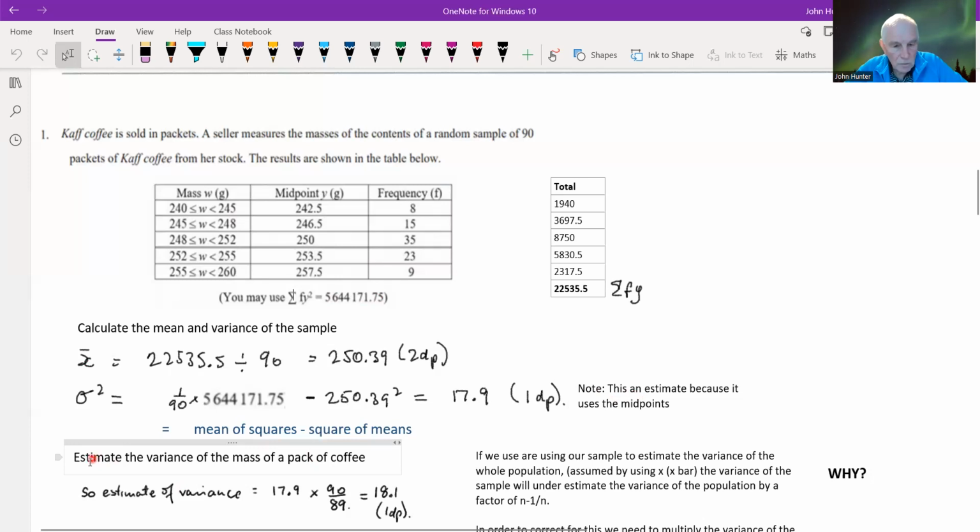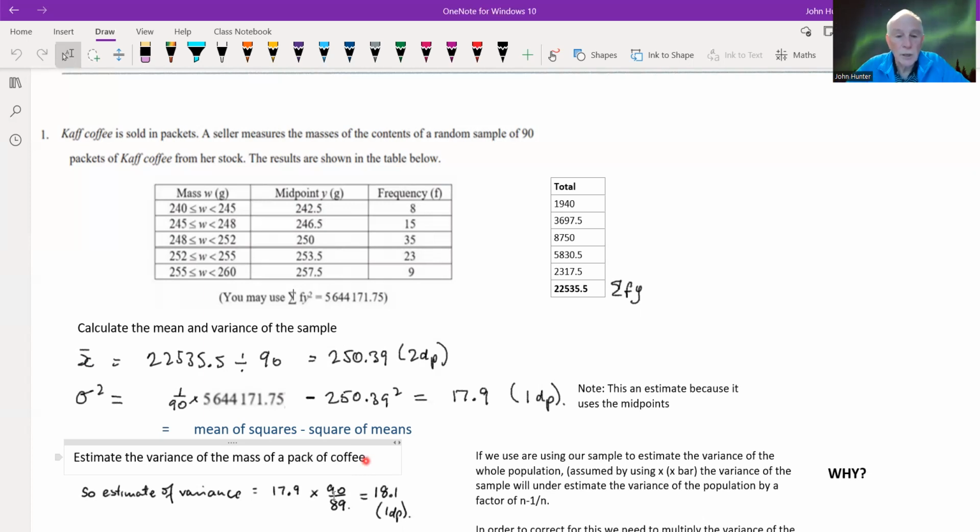Okay, and then it goes on to say, estimate the variance of the mass of a pack of coffee. Right, so now what we're saying is there is this bigger population of coffee packets, some of which maybe haven't been produced yet. So this is why we're now using this data in order to estimate the parameters of a population from which the sample is drawn.